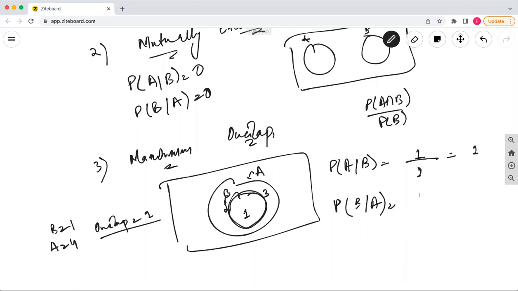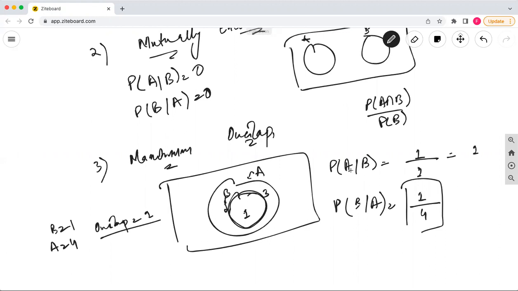And now if I see the overlap, this is 1. And now what is A? A is 4. So this is 4 when I consider B given A, and this is for A given B. This is in the form of the Venn diagram. We will discuss in detail when we solve the questions relevant to this, how such a question could be asked.